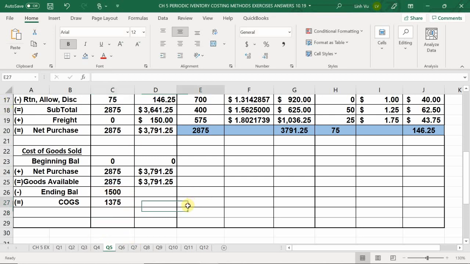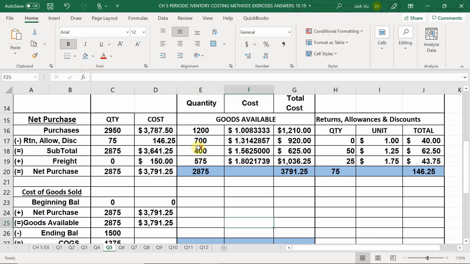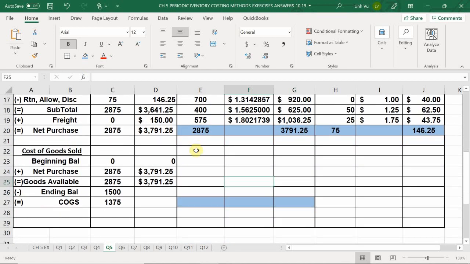So I'm going to go ahead and make this line right here my little section here. And I'm going to go ahead and make this column here my cost of goods sold.